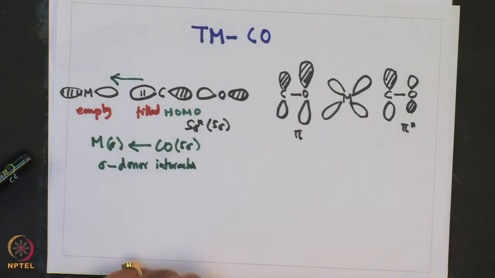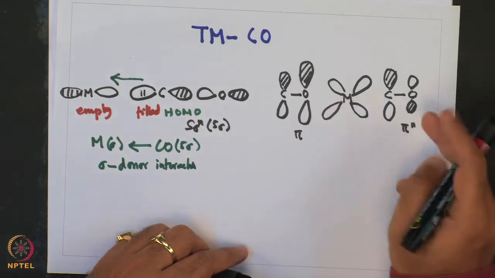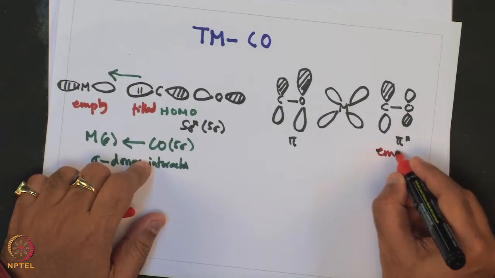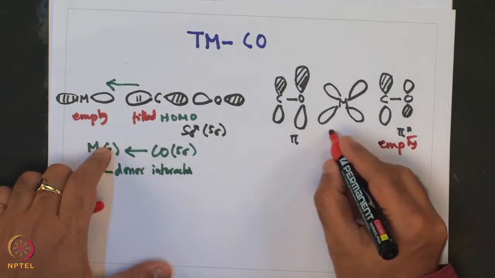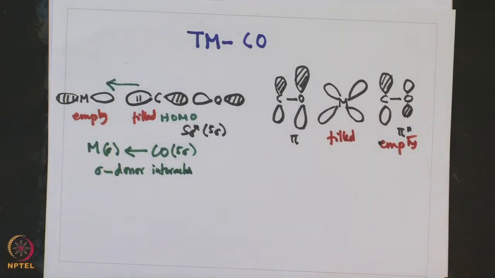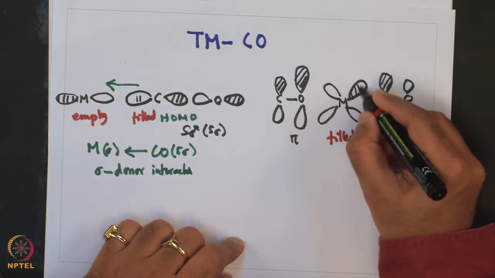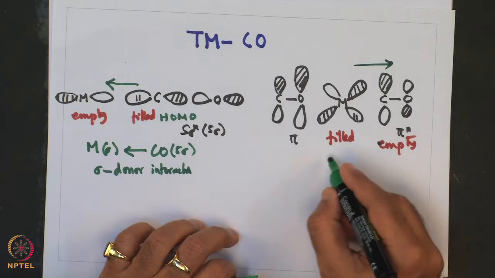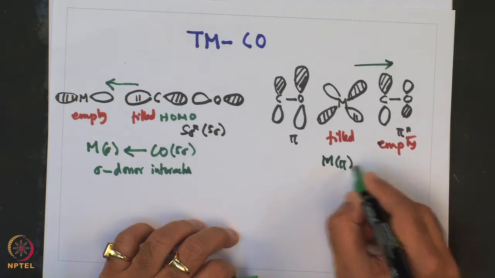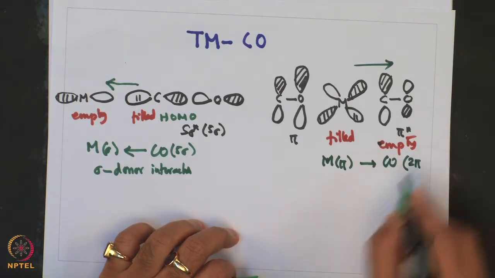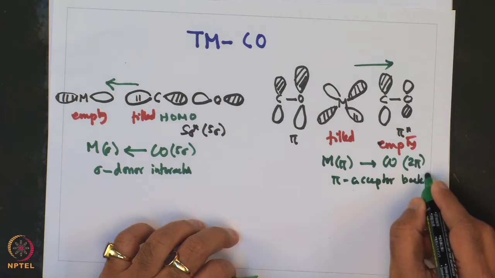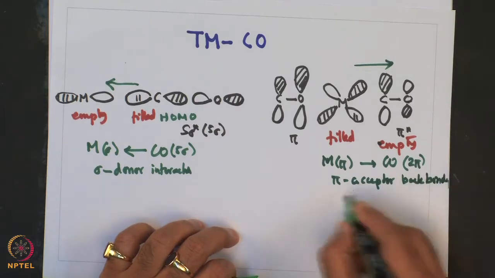Now, the other important interaction which will happen is that this empty pi star orbital will interact with a filled metal orbital as shown over here, and this is called metal pi to CO pi star, or pi acceptor back bonding interaction.